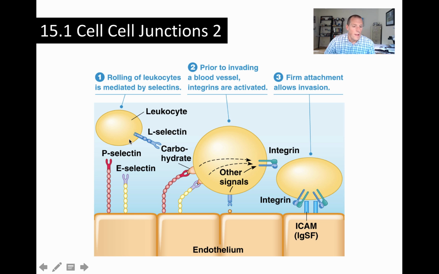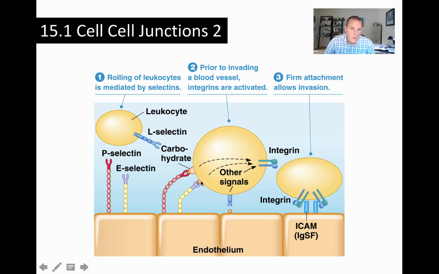The cell surface carbohydrates on the leukocyte are going to engage with the P-selectins and E-selectins of the endothelial cells, and that slows the tumbling of the cell down and initiates a weak association between the leukocyte and the endothelial cells.